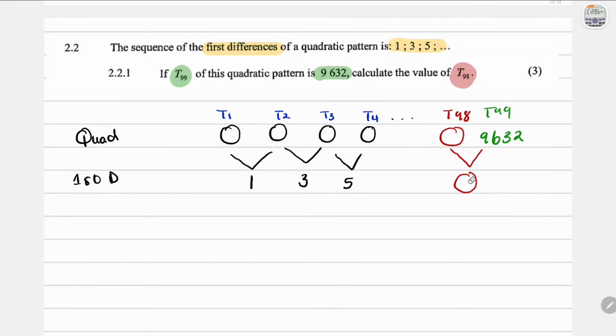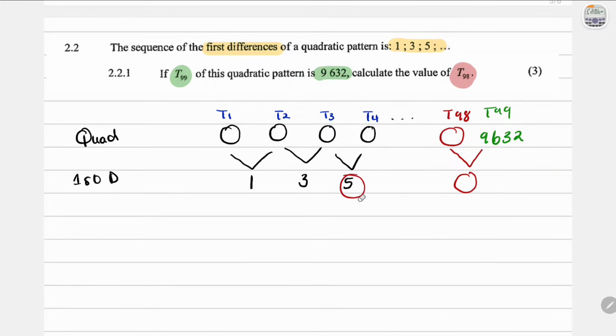Now, to find this, you can think about it like this. We're trying to find out which term in the first difference is between term 98 and term 99. Look at this. You see 3? 3 is the second term in your first difference. It lies between the second and the third term in the quadratic pattern.